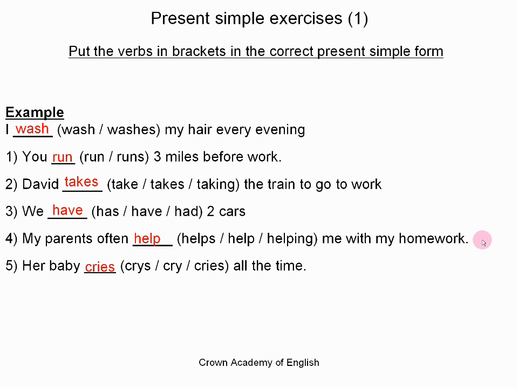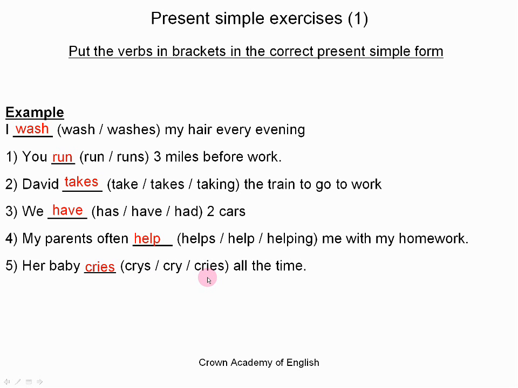And the spelling here is important. So as you can see, we had 3 options here. You had cries, C-R-Y-S, C-R-Y, cry, or cries. So these 2 are pronounced the same but spelt differently.